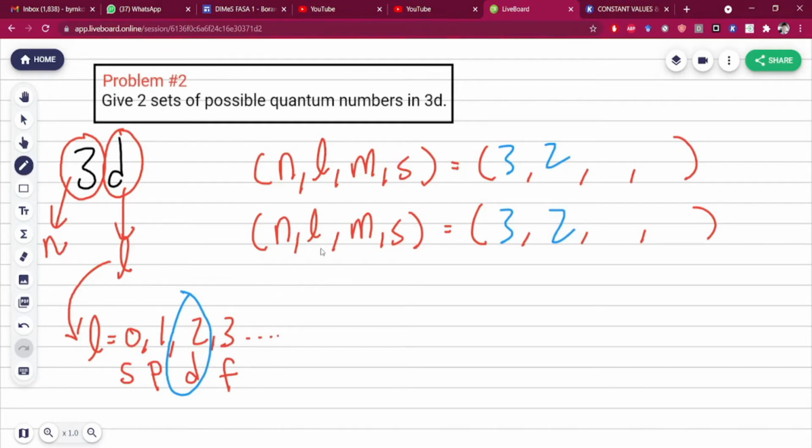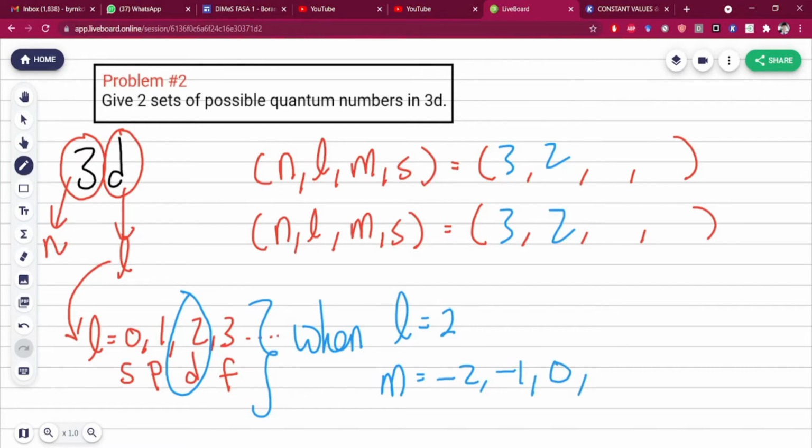And remember, the value of m when L equals 2, m can be -2, -1, 0, +1, or +2. You have 5 orientations, so you can pick any one. If you want to pick 0 here, you can do that, or +1 or -1.